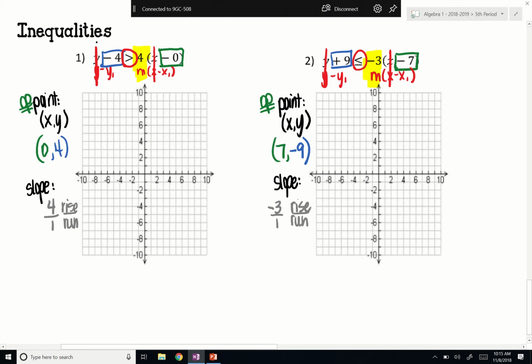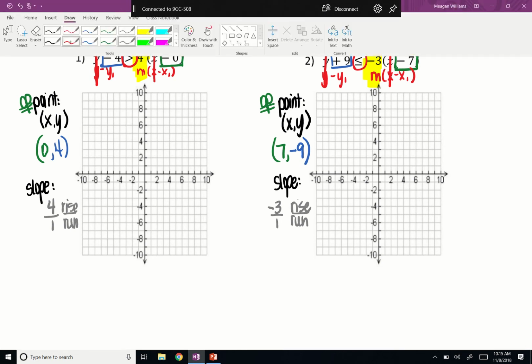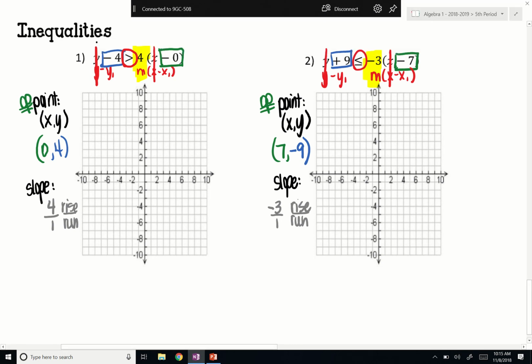Now I go plot them, right? So I start with the point that was provided. I'm going to go to 0, and then where? Up to 4. 0 up to 4, put a dot. Okay? Then I'm going to do my rise over my run. How far do I rise? Say it with confidence. 4.